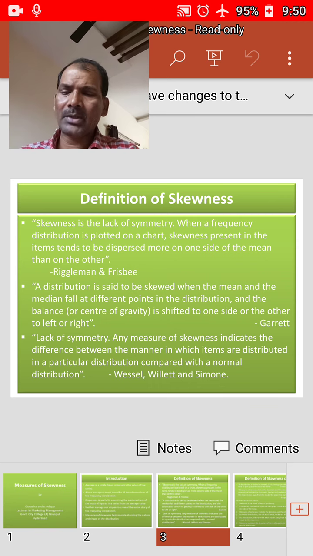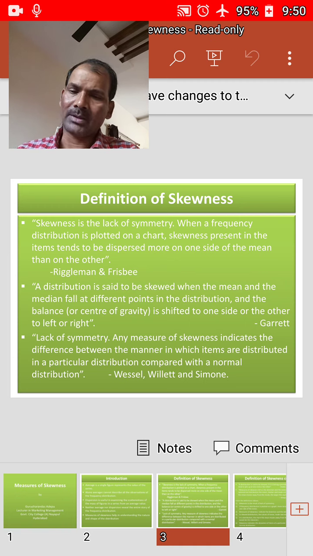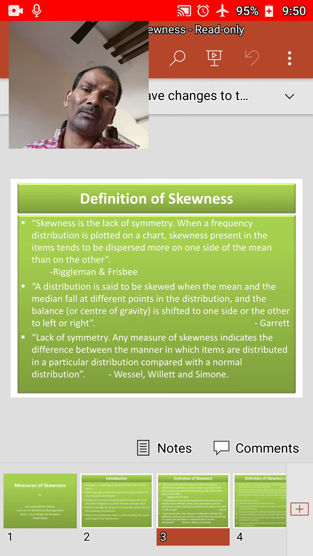Any measure of skewness indicates the difference between the manner in which items are distributed in a particular distribution compared with a normal distribution. It means it has some difference, some bias.